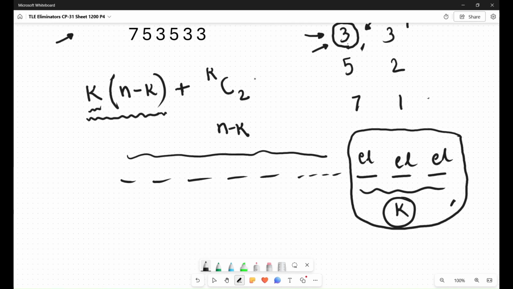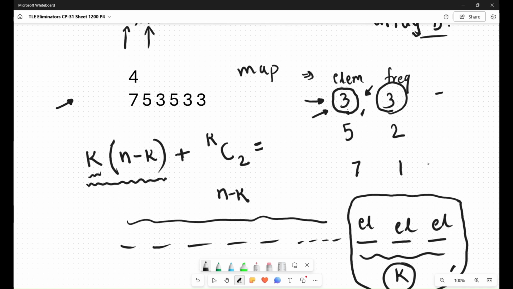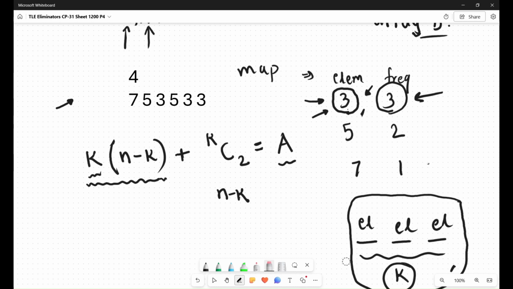And this should be my frequency right here in the map, so let us call it appearance: how many times is it appearing in array A? Okay, makes sense. So let me erase this. I hope it's clear.